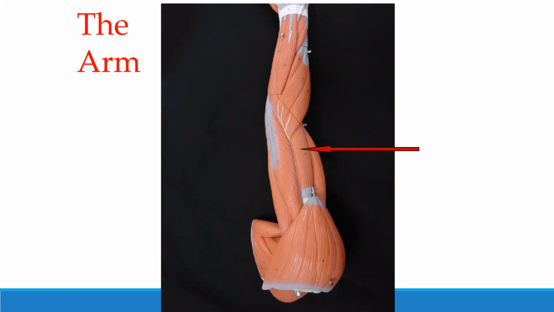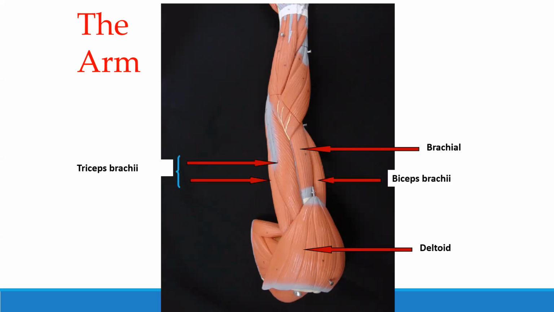And you can see the first muscle we see is called the brachial muscle. Now, the brachial muscle sits right between two muscles that we probably know really well: the biceps brachii and the triceps brachii. The biceps and the triceps. In between the triceps and the biceps on the arm, we find the brachial muscle.